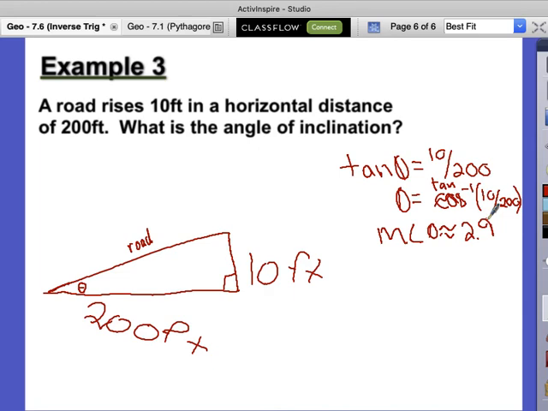We set it up as tangent. The reason we choose tangent is that we're given the opposite, 10, and the adjacent, 200, compared to our reference angle that we're trying to find. So we choose tangent as opposite over adjacent, 10 over 200. We take the inverse tangent of both sides to get theta by itself. And the inverse tangent of 10 over 200 is approximately 2.9 degrees.